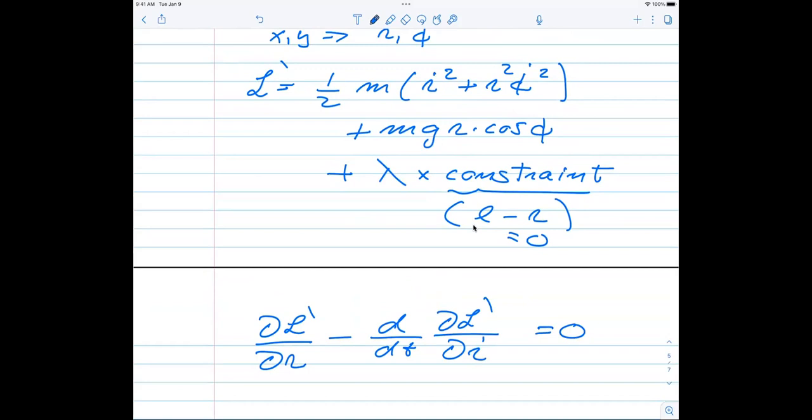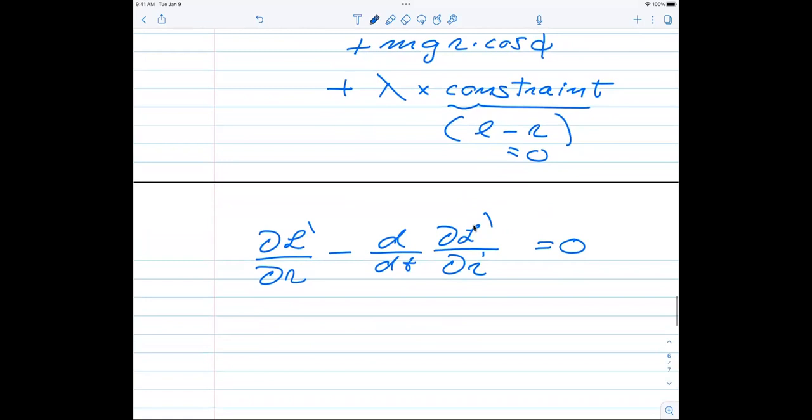So if I now do the derivatives, what I get is the following. I'm going to get an equation which comes from this term, which goes like m times r times the angular velocity squared. I get plus m times g times cosine phi.